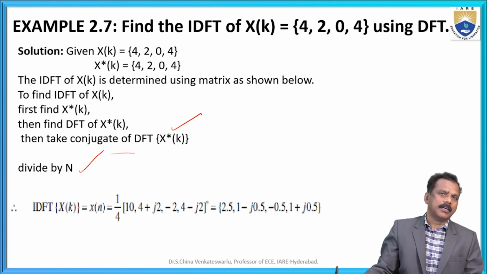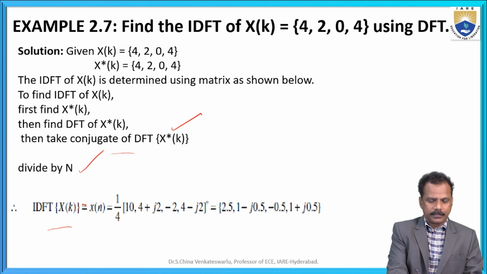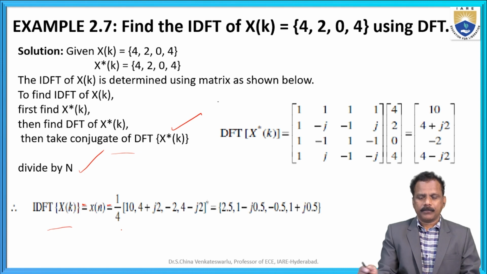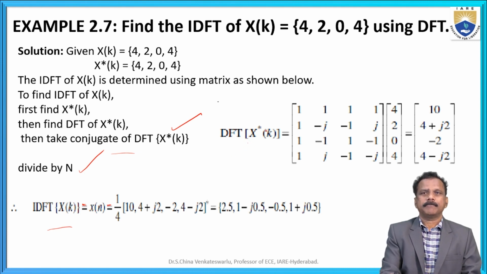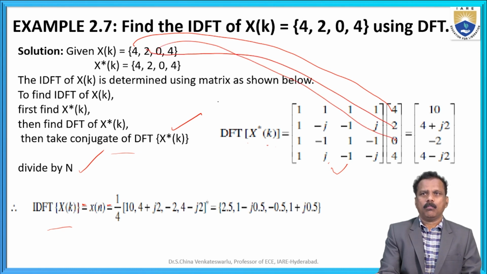Right, to verify that, the IDFT of x of k is equal to x of n, which is equal to 1 by 4. We know that the DFT matrix is multiplied with this value x of k, 4, 2, 0, 4, and so on.